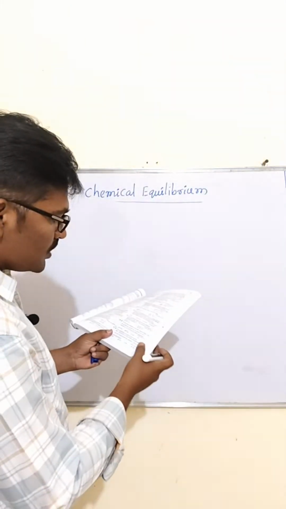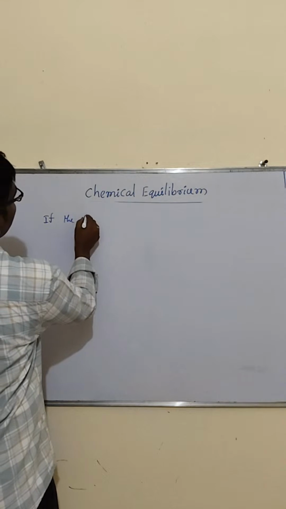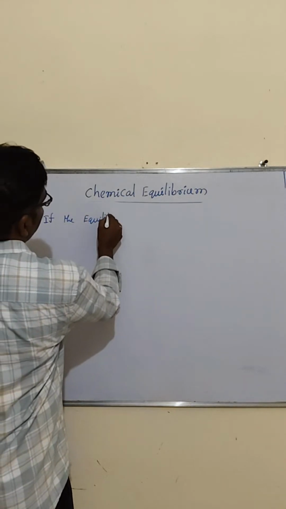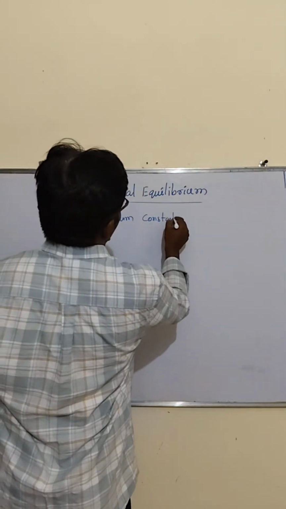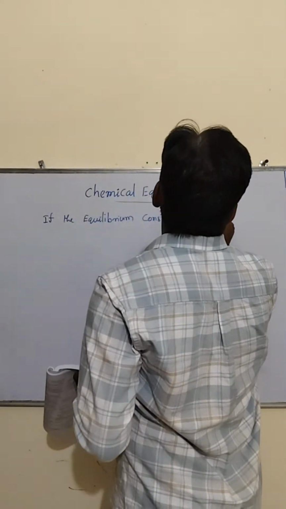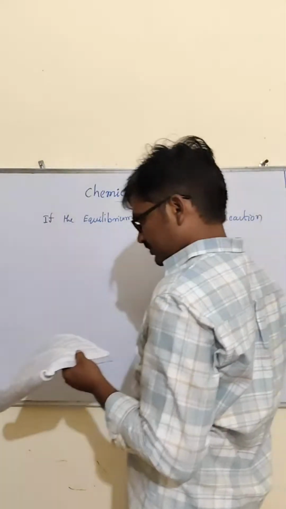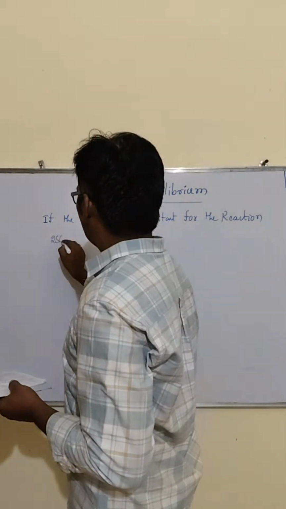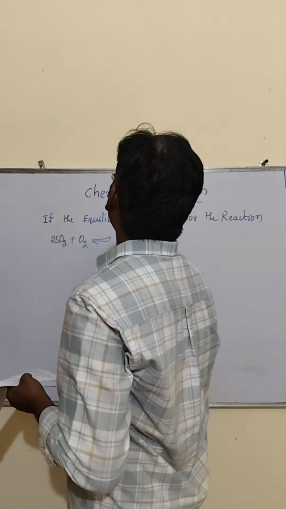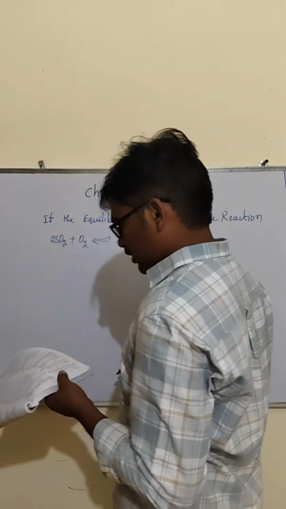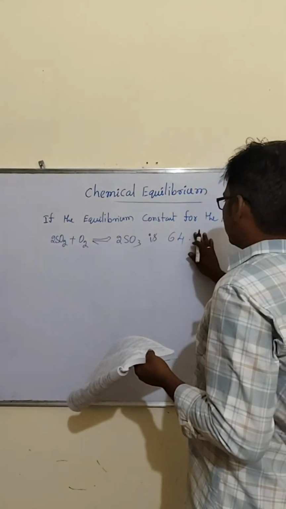If the equilibrium constant for the reaction 2SO2 plus O2 gives rise to 2SO3 is 64 at 500 Kelvin.